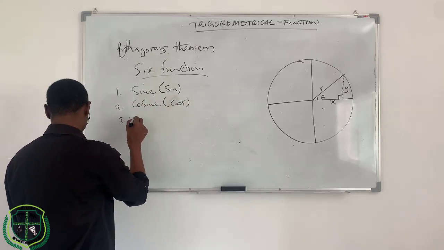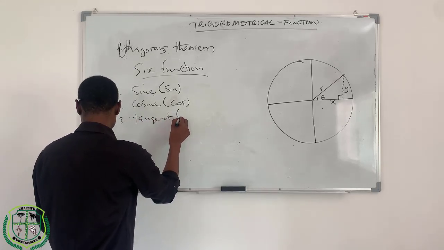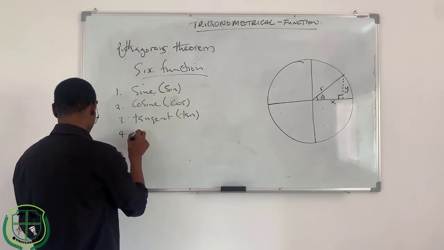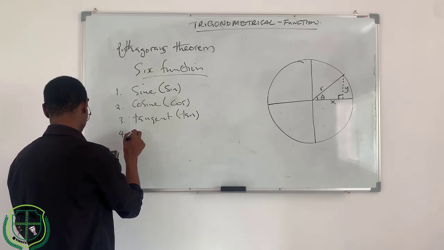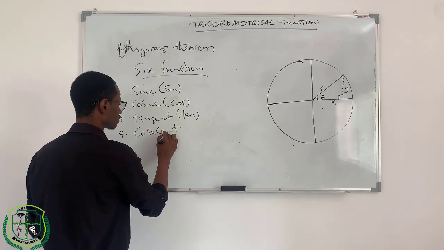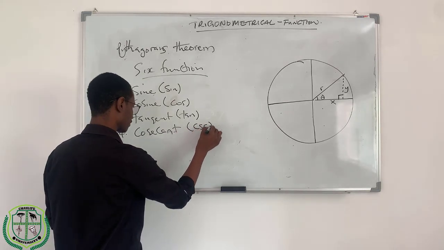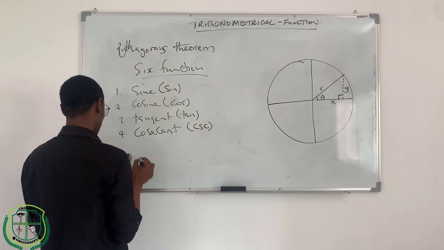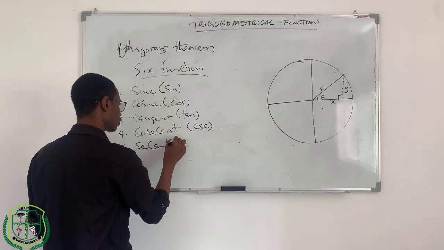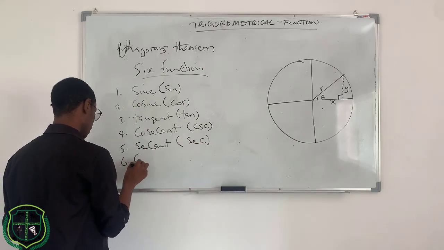The third one is tangent, written as tan. Then we have cosecant, which is written as cosec. Then we have secant, which is written as sec.